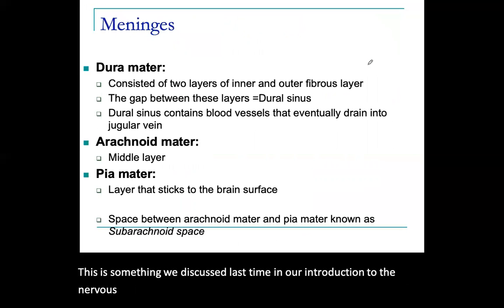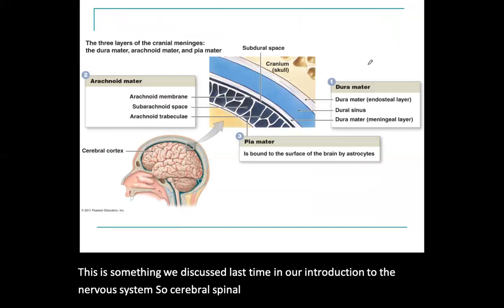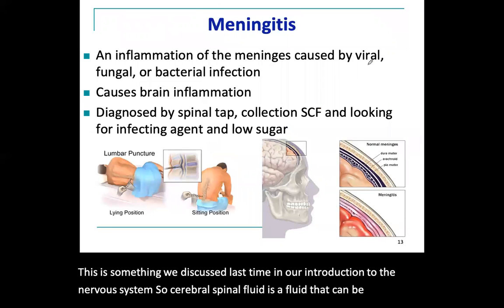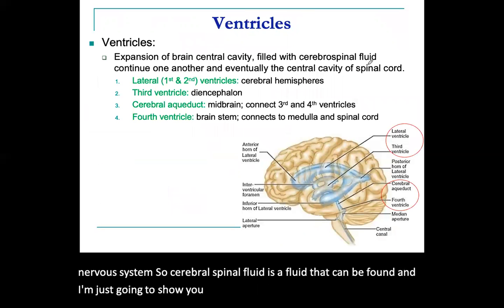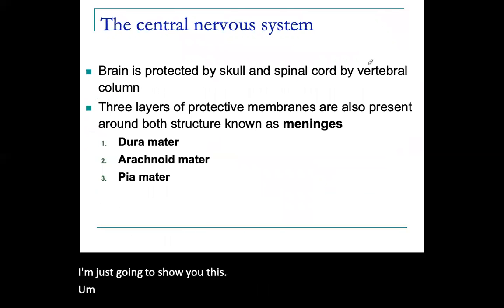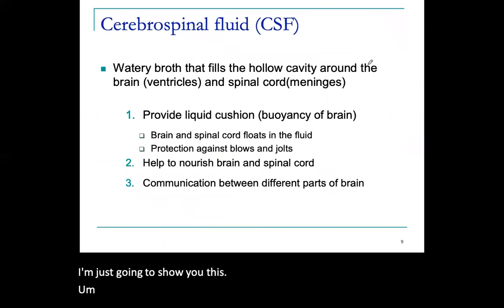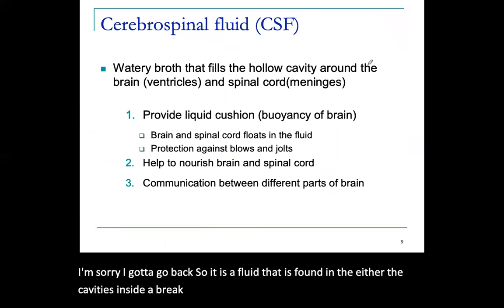So cerebrospinal fluid is a fluid that is found either in the cavities inside the brain or around the brain within the layers called meninges.